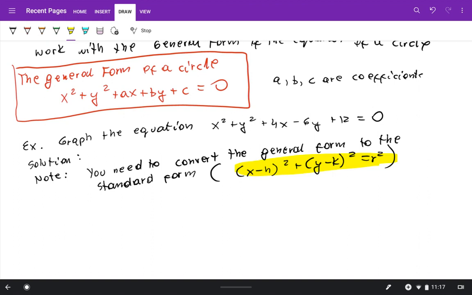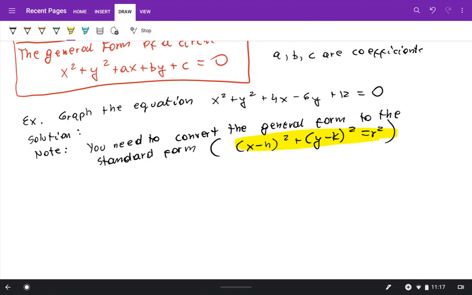I'm going to write down all the steps of how to do it, and that's the section which I skipped with you when we were solving quadratic equations by the completing the square method. I mentioned to you that I will go back to completing the squares with circles. So here we go. This is how we're going to convert.